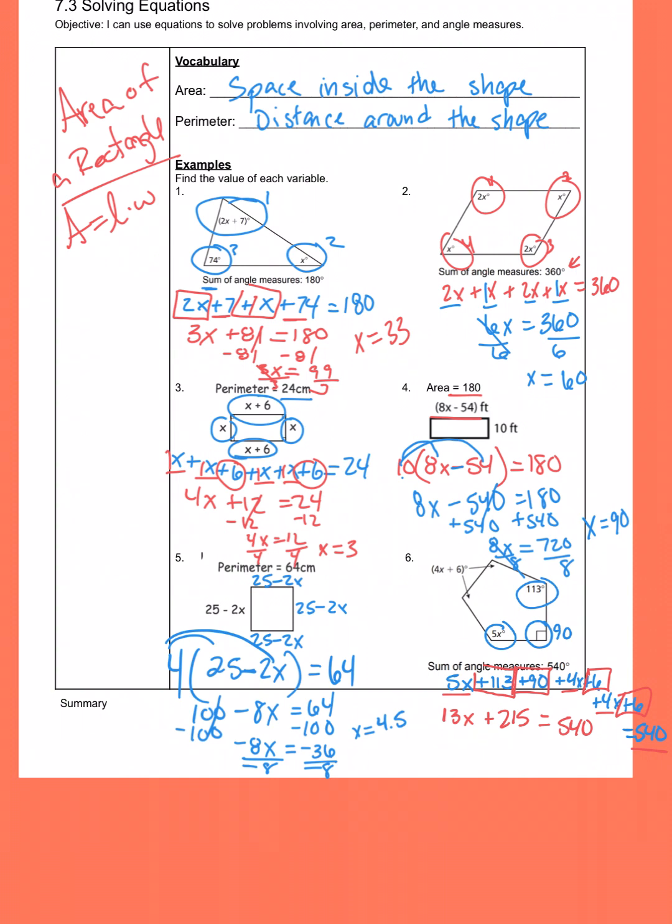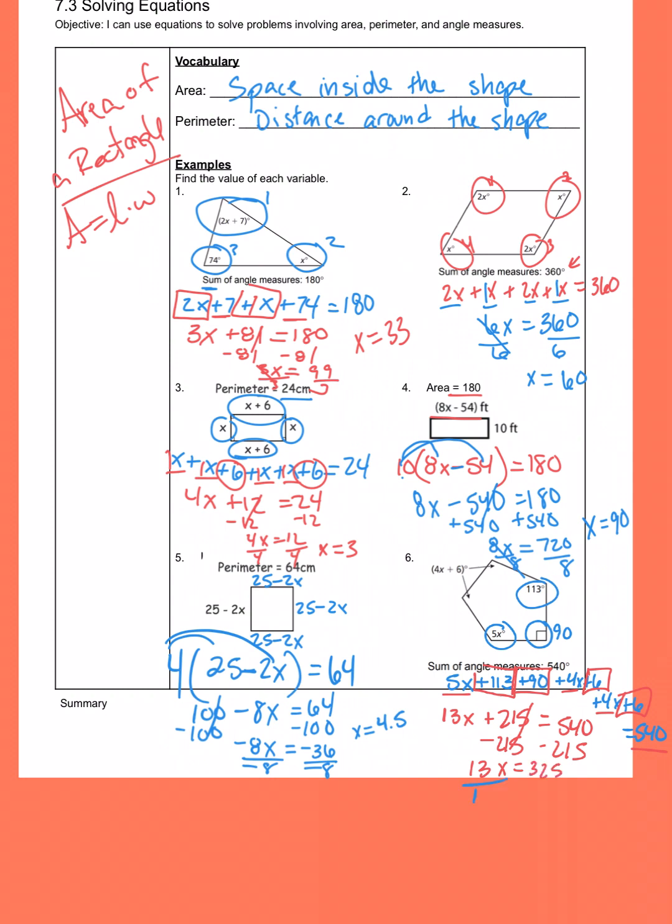So I'm done combining like terms. There's no distributive property here. So then we're going to solve. So we're going to minus the 215 from both sides. So that's going to give me 13x is equal to 540 minus 215 is 325.